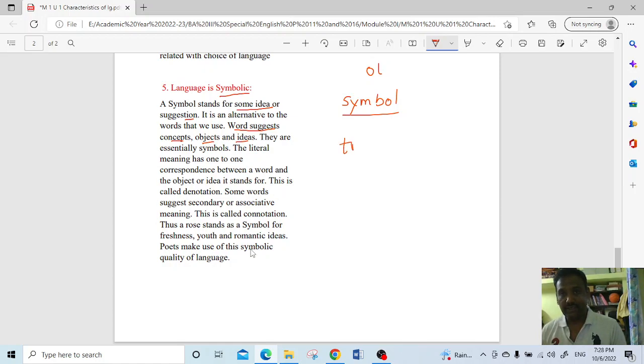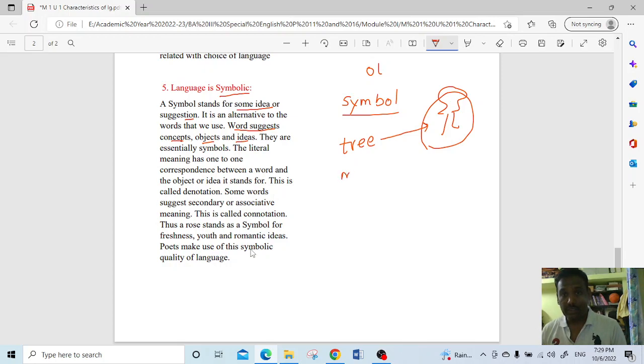Now, when I say tree, this word refers to an idea in your mind. The tree rooted, standing on the land, rooted in soil, having leaves, a specific or unspecific shape. So all these ideas will stand before you.